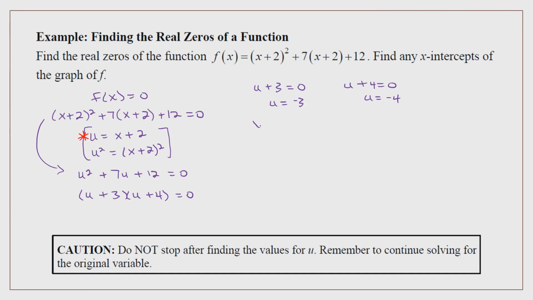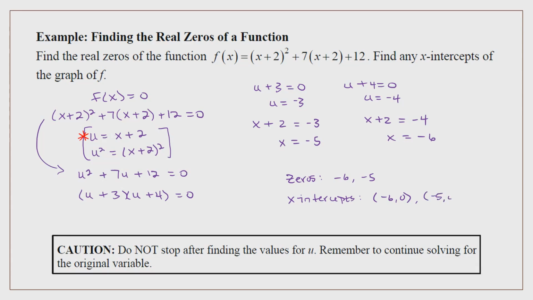So u equals x plus 2, and I can now set it to -3, x plus 2, and I can set it to -4, and then I can solve for x. So x equals -5, and x equals -6. So my zeros are going to be the values -6 and -5, and my x-intercepts are going to be the points (-6, 0) and (-5, 0).